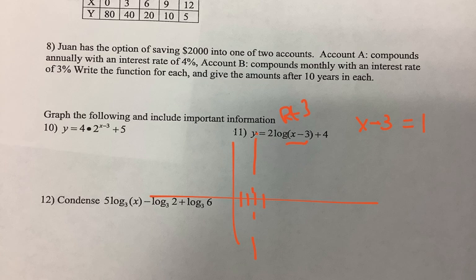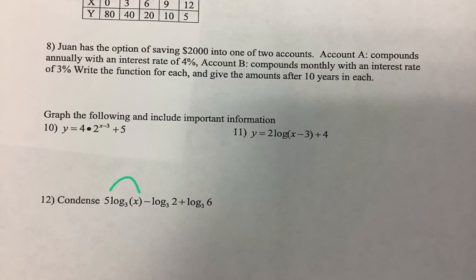So the locator point here is at 4, 4. And again, I remember this problem. 4, 4. Because if I put in 4 into this, I get log of 1. Log of 1 is 0. 2 times 0 is 0. 0 plus 4 is 4. So I don't like how this is an ambiguous problem, but I need to make sure I have a locator point. Of course, know that a log graph looks like that. And that's a big thing here. Okay. Condense. Exponents come up.